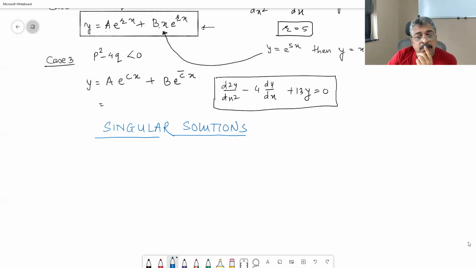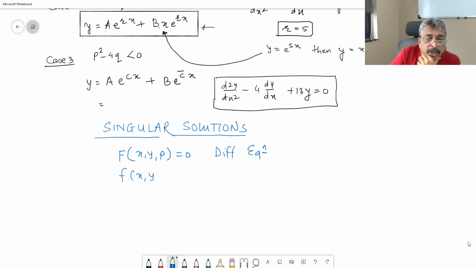What we mean by singular solution and how we get it is the next story. Essentially, f of x comma y comma p is equal to 0 was our differential equation, and f of x comma y comma c is equal to 0 was our solution.